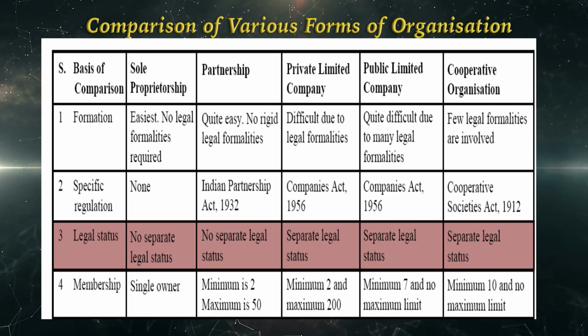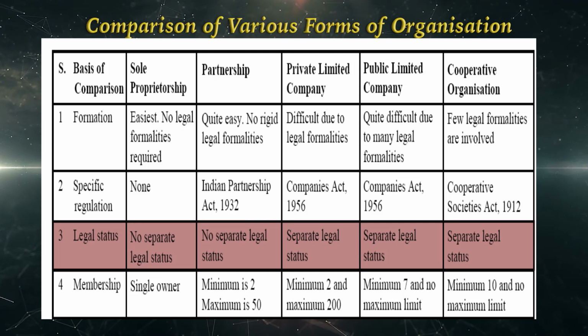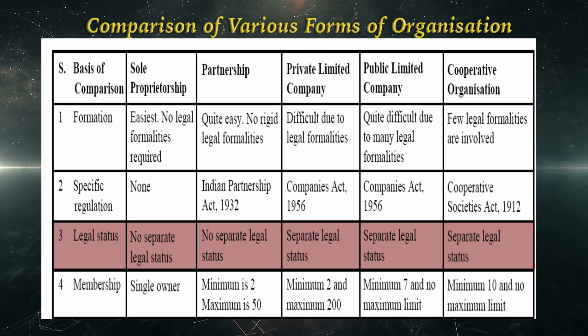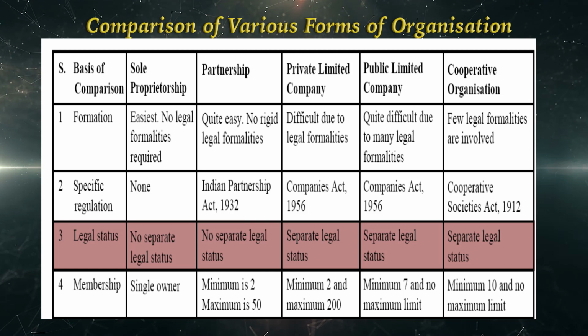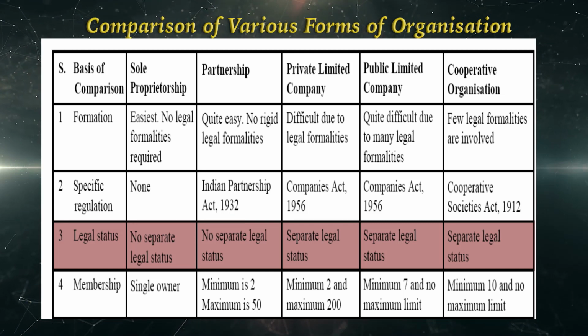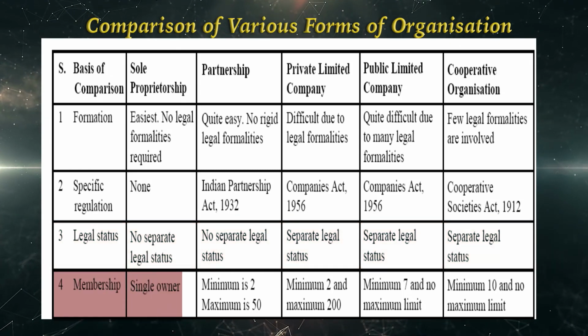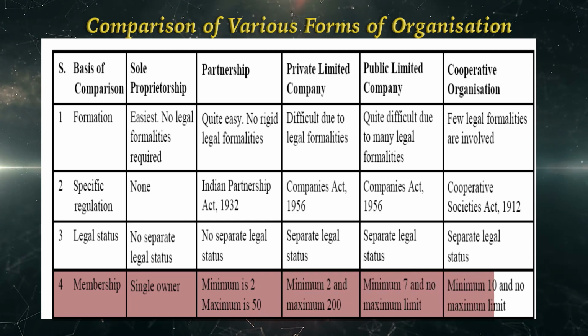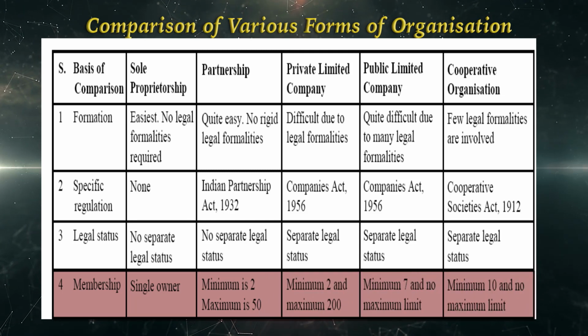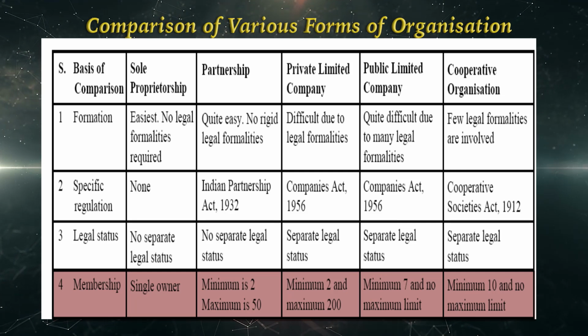As far as private limited company is concerned, it has separate legal status. Public limited company also has separate legal status, and cooperative form of organization also has separate legal status. As far as members are concerned, under sole proprietorship you have a single owner; one person will run the business. Under the partnership, the minimum number is 2 and the maximum may be up to 50.